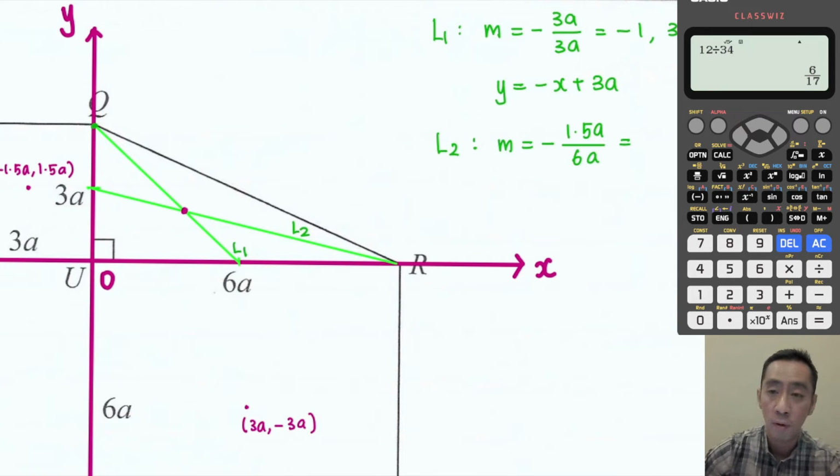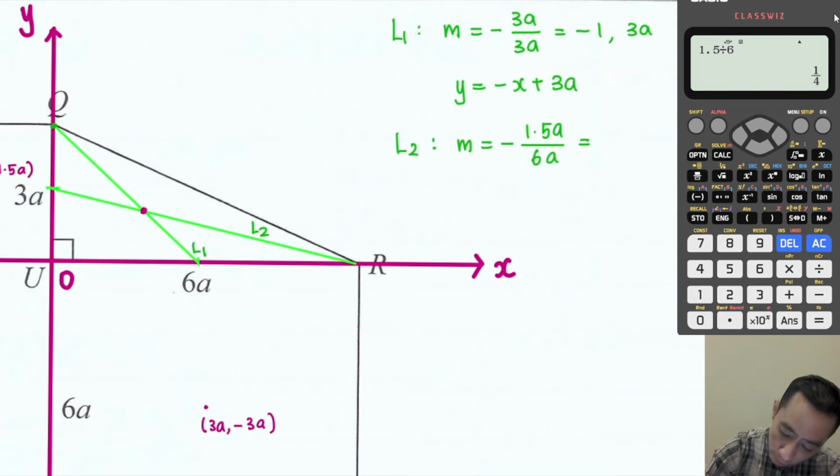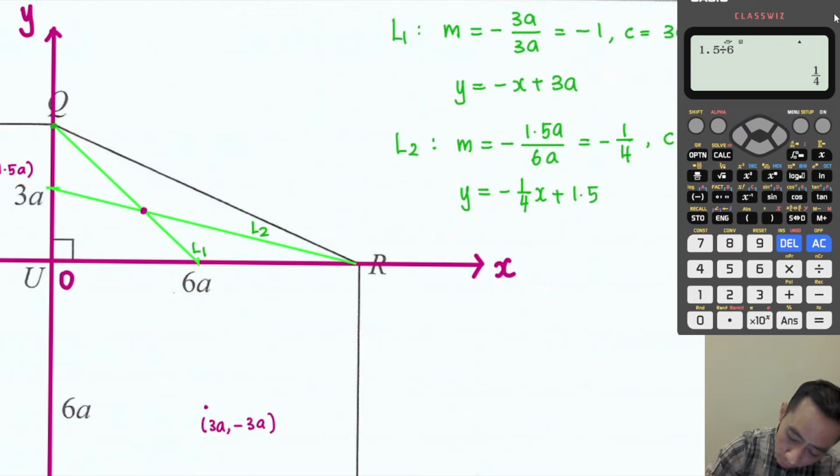So 1.5 over 6 is 1 over 4, so the gradient is negative 1 over 4. The y-intercept C for line 2 is 1.5a. So the equation is y equals negative 1 over 4 x plus 1.5a.